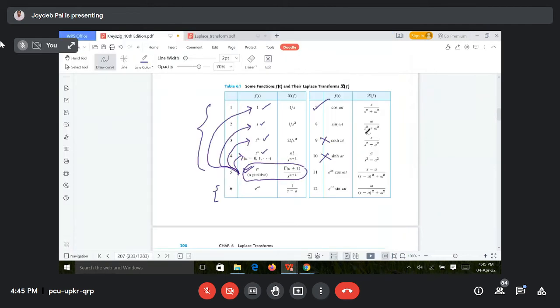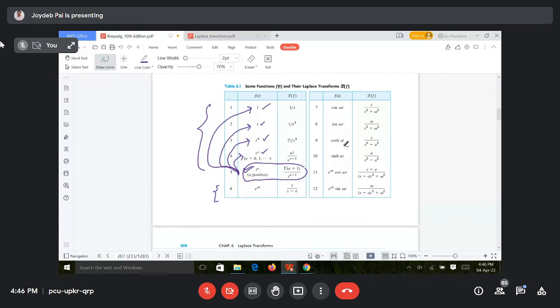So look, what is the difference between cos and cos hyperbolic? There is a minus in the denominator, isn't it. In hyperbolic there is minus in the denominator, and only in the trigonometric case the Laplace transform has plus in the denominator. So these are some remembering techniques I am telling, so that no confusion is there whenever you are applying.